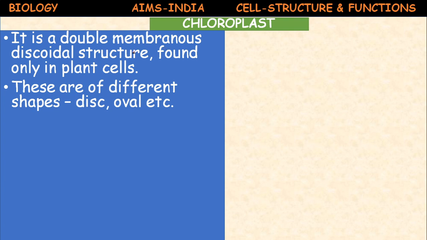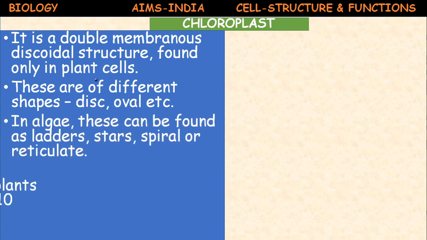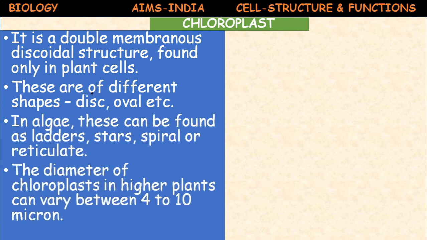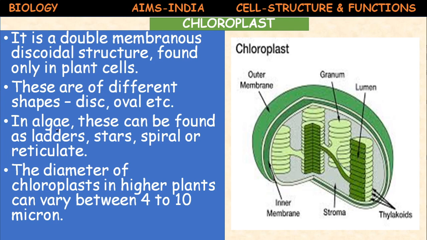Chloroplasts are double membranous discoidal structures found in plant cells. They are of different shapes, disc or oval shape. In algae, they are ladder-like, star-like, spiral or reticulate, depending upon the type of cell.